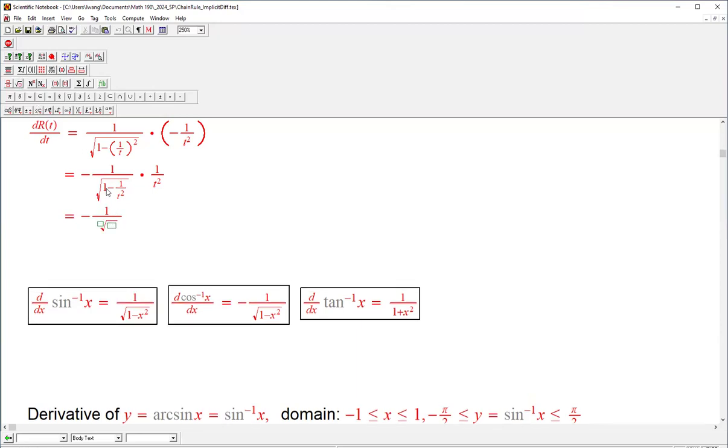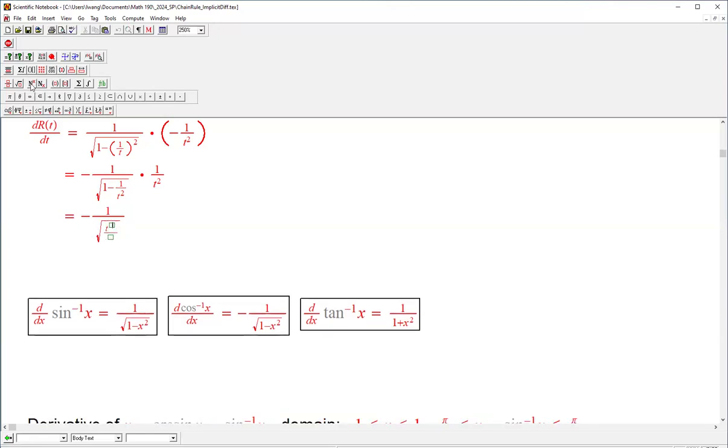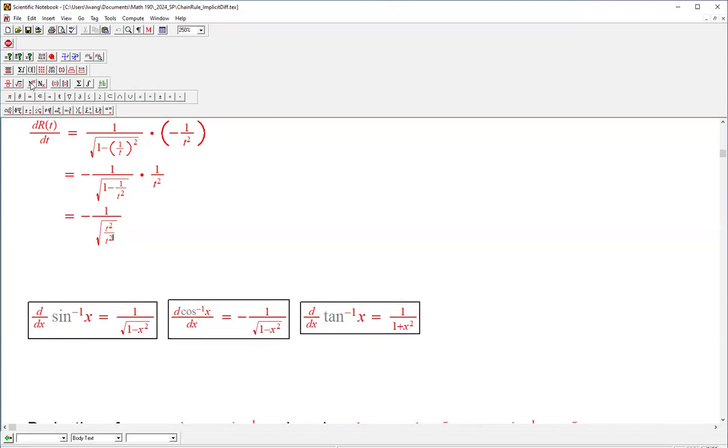So the 1 is going to be t squared over t squared, minus 1 over t squared, and they have the same denominator, so the numerator is t squared minus 1.